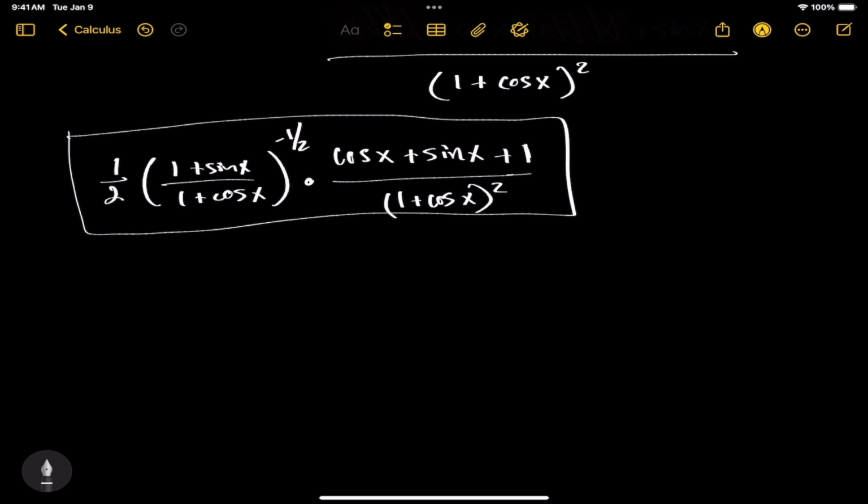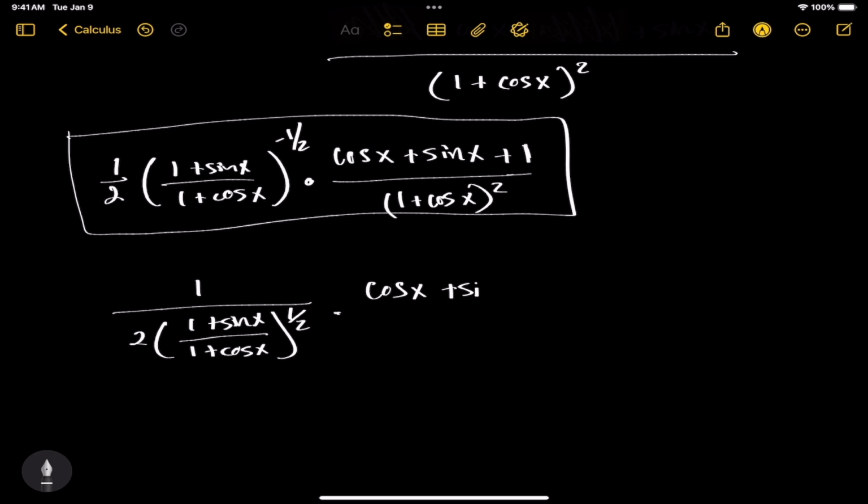You could just shift over this term to the bottom of this half, so you could have, let's write the 2 first, and then the parentheses, 1 plus sine x, 1 plus cosine x, and then half, and then you have that over 1, and then you have that right side as cosine x plus sine x plus 1 over the 1 plus cosine x squared.